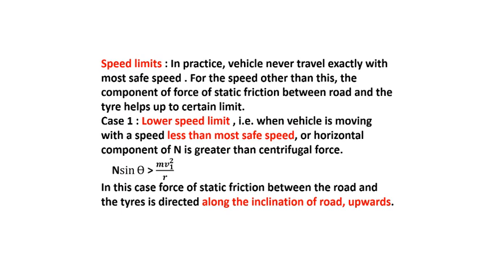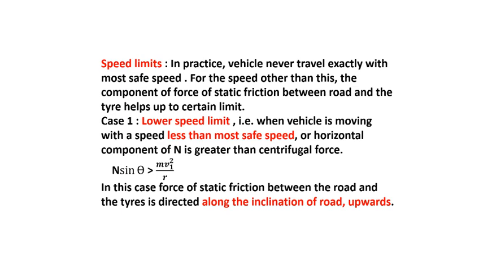So n sin theta is more than mv1 square upon r. In this case, the force of static friction between road and tires is directed along the inclination of the road in the upward direction. Now the diagram will explain it more clearly to you.